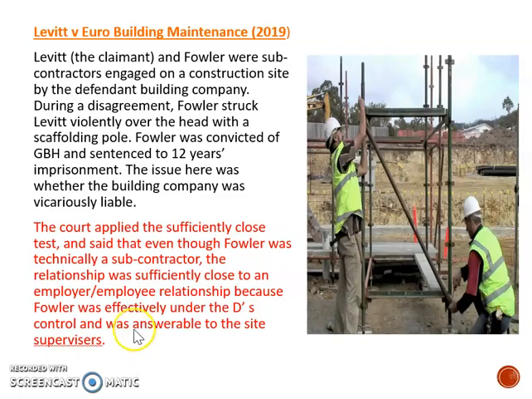So although they said that the person was technically a subcontractor and not really an employee, they were still happy to find the employer vicariously liable because they thought it was sufficiently close to an employment relationship. So this is showing perhaps that the courts are very willing nowadays to find that someone's an employee so that we can hold somebody else, potentially with more money, vicariously liable for their torts.